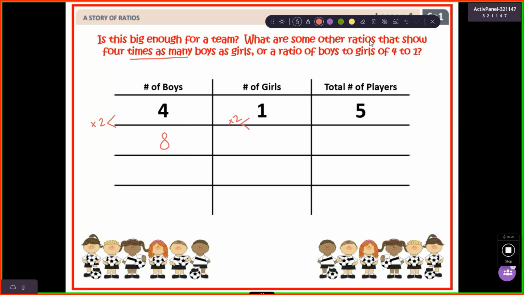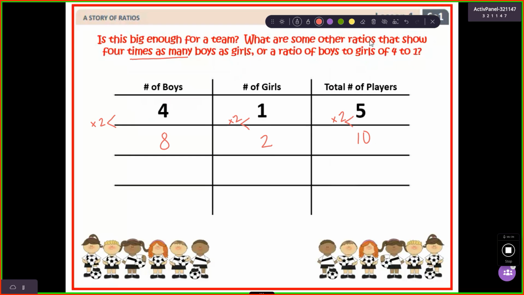Have you seen this on Zern before? Yes. And then 5 times 2 is 10. Some of you are like, oh, well, that's not a numerator or denominator. That's not total. If you do it to the numerator and denominator, you also have to use that same number with the total. Okay?